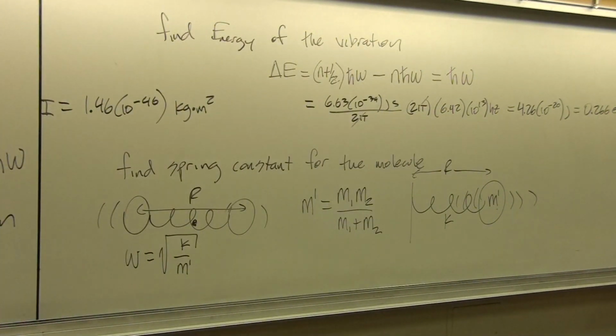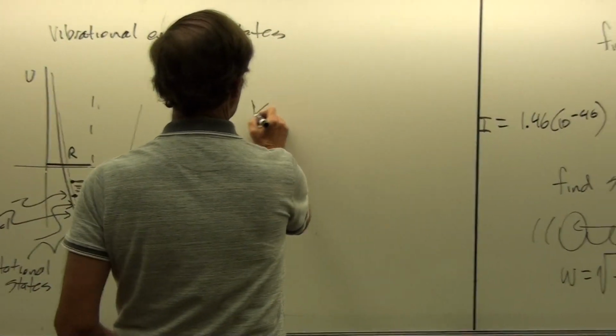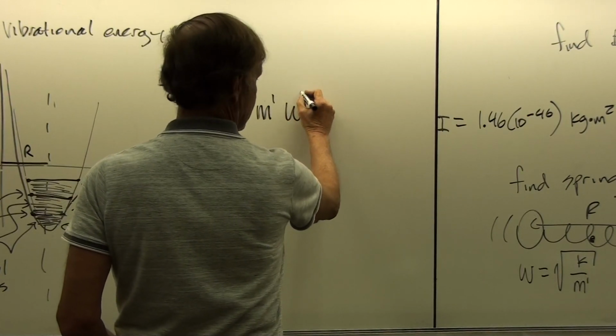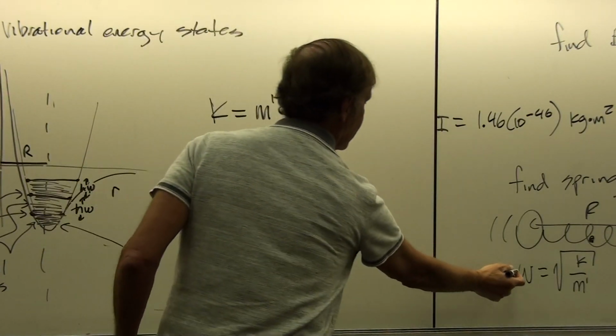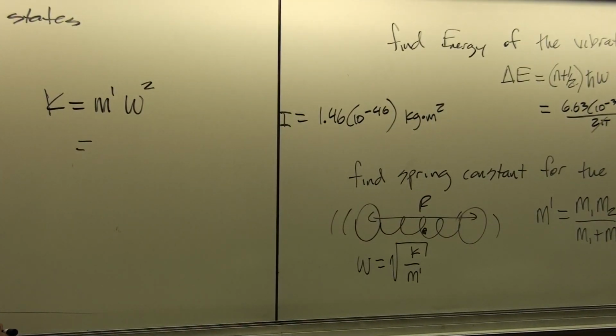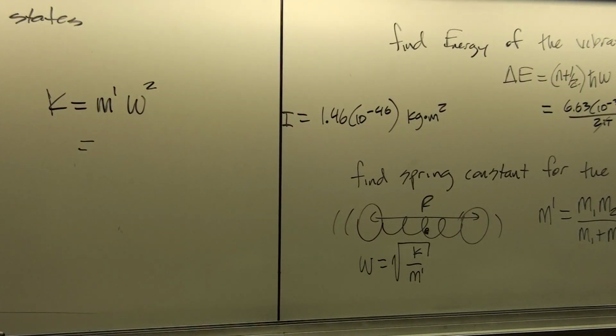So if we do that here, we find that the spring constant, k, for this problem is equal to m prime omega squared, first squaring both sides, and then multiplying both sides through by m prime.